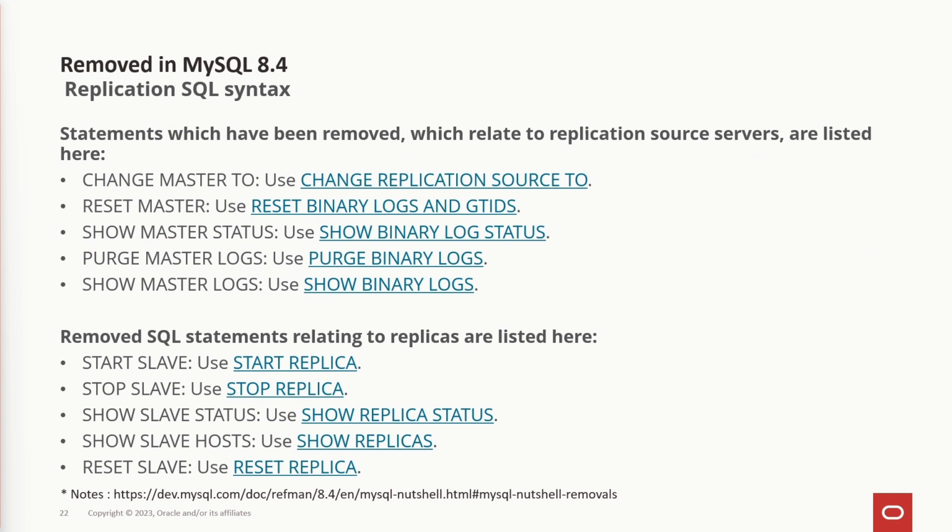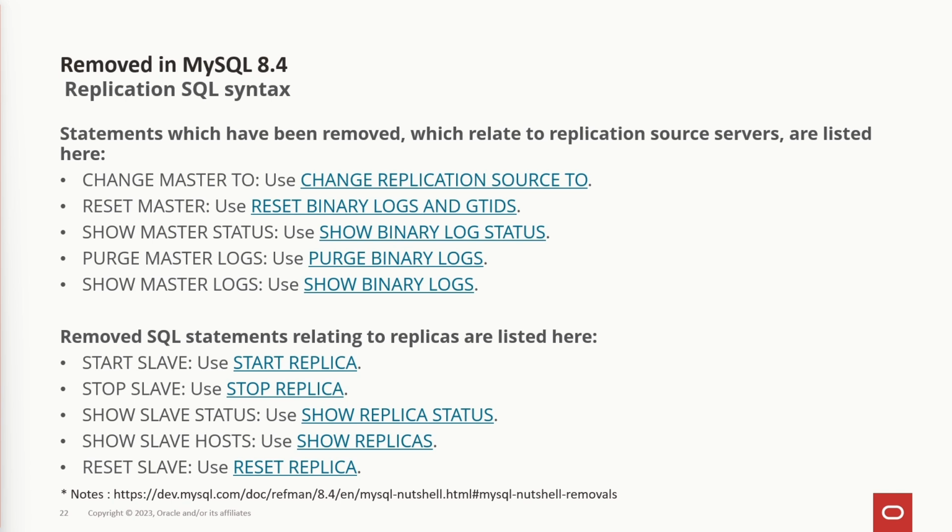This one is important, but not really affecting your system. But if your monitoring system uses SHOW MASTER STATUS or SHOW MASTER LOGS, something like that, then you have to know about it, because this one we preferred in 8.0. When we announced this terminology, like source and replica, then we introduced SHOW SOURCE STATUS.